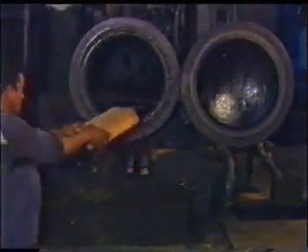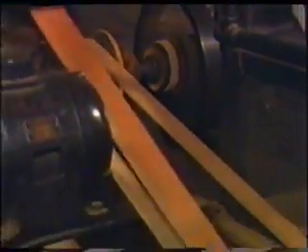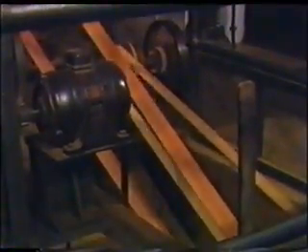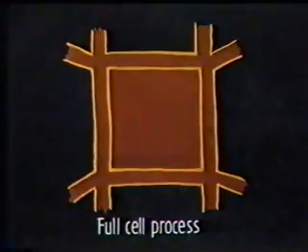In large commercial applications, pressure processes are employed for speedy treatment and adequate absorption. In the full cell process, the absorption is such that cell cavities are filled with preservative.